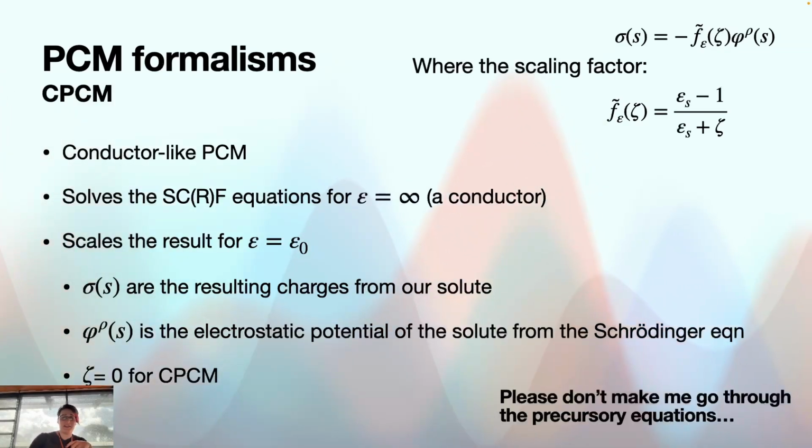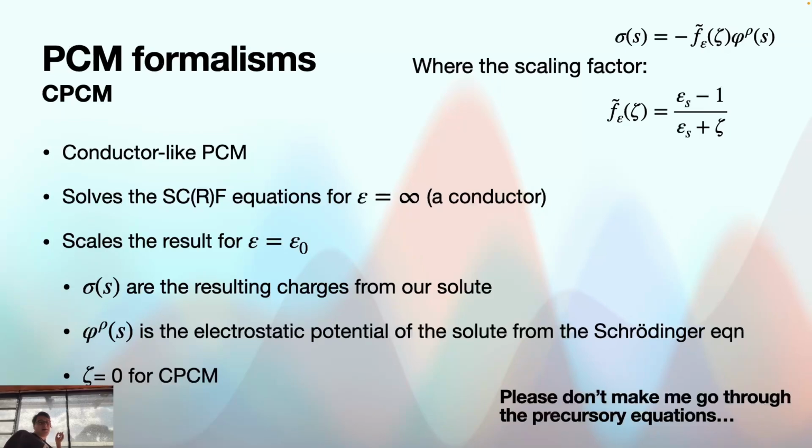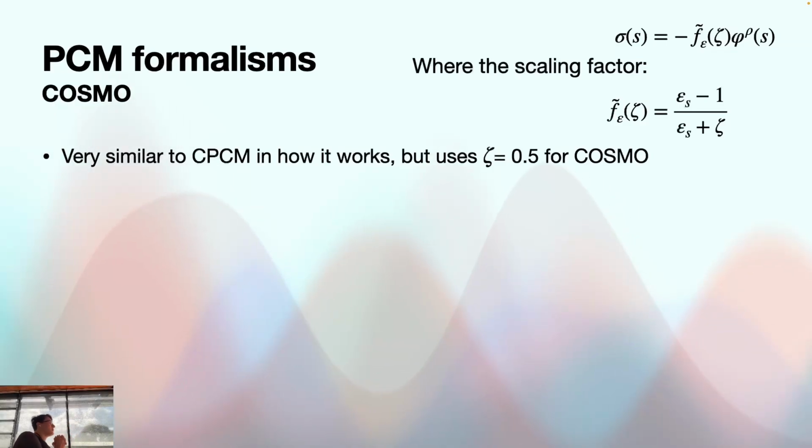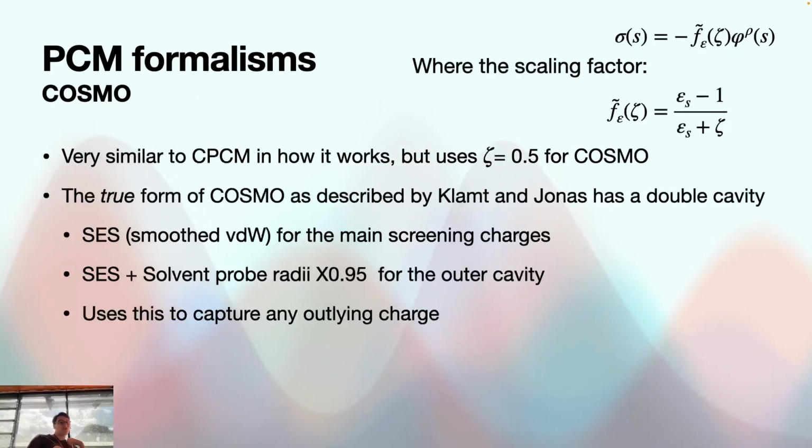This is different in COSMO. Also, please don't make me go through the precursor equations to this because it's some heavy calculus. COSMO is the next step to this, and it's very similar to CPCM, but works using zeta equals 0.5. The true form of COSMO, described by Klamt and Schüürmann, has a double cavity though, and this is to make sure that we're not missing any charge.